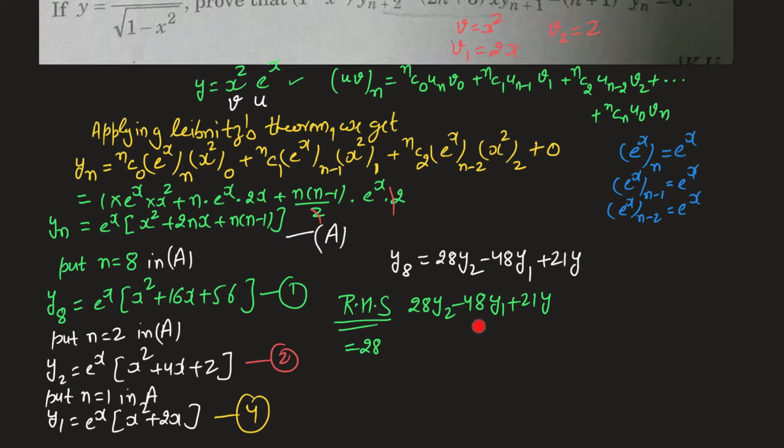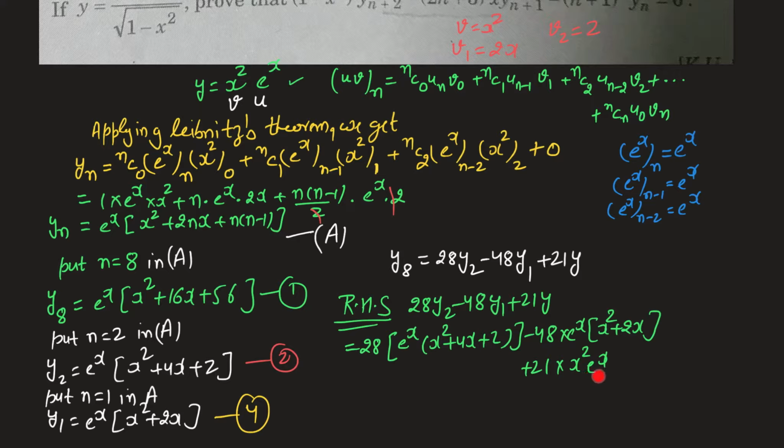So I am going to put it over here: 28 e raised to the power x square plus 4x plus 2 minus 48, what is y1? e raised to the power x square plus 2x, plus 21, y is x square e raised to the power x.